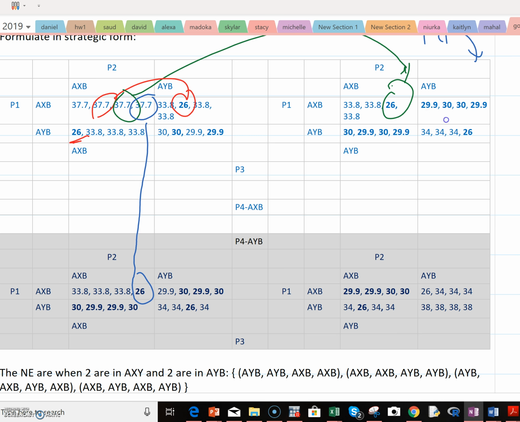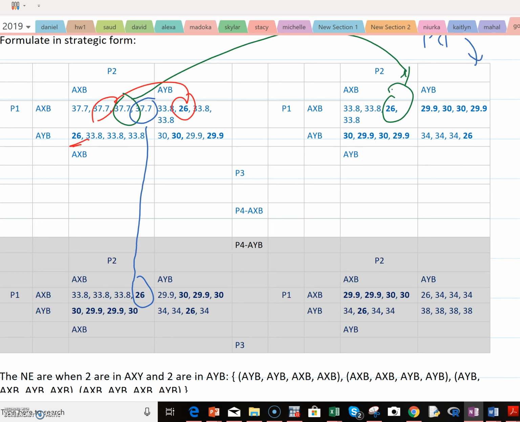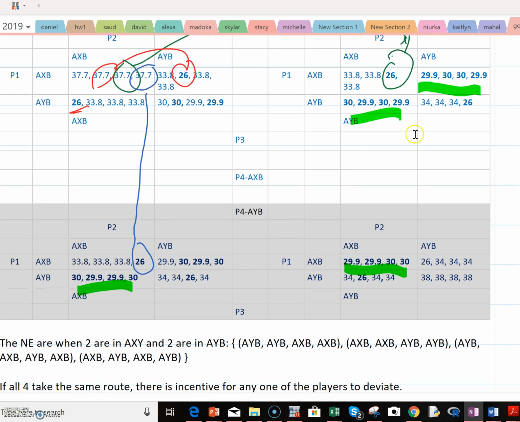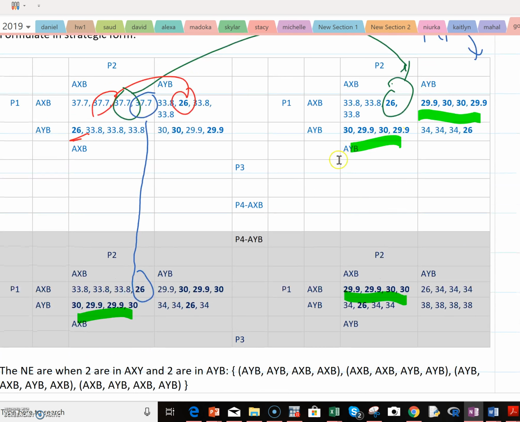you see that this is the Nash equilibrium. These are the Nash equilibria here, there, this one, and this one. So those are: player 1 playing AXB.